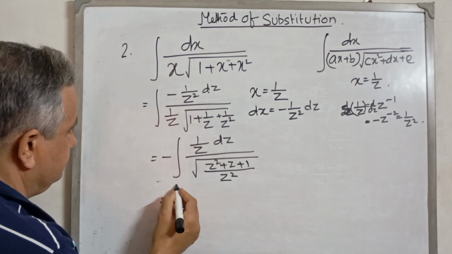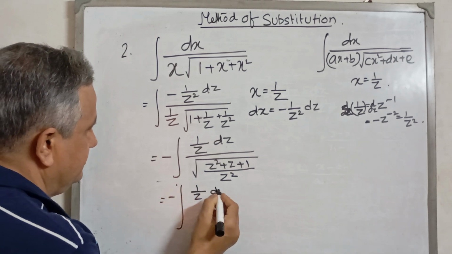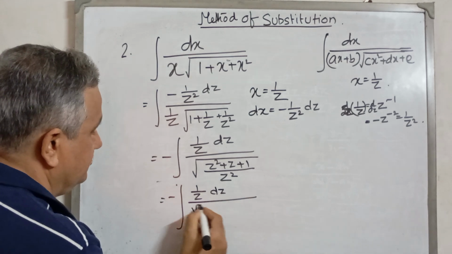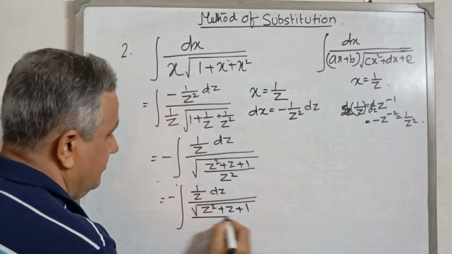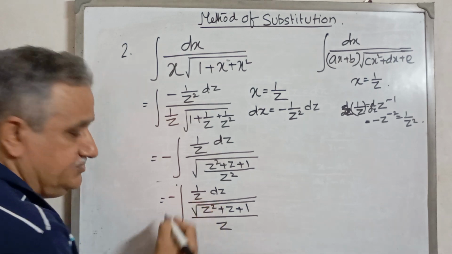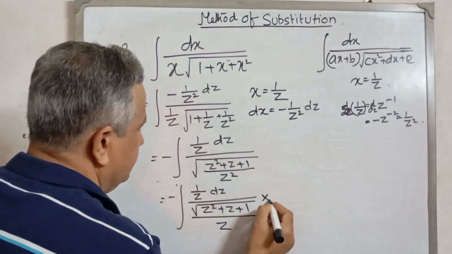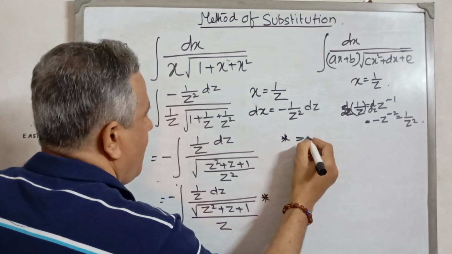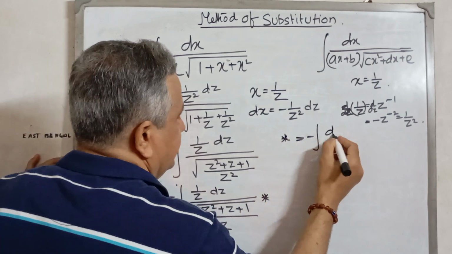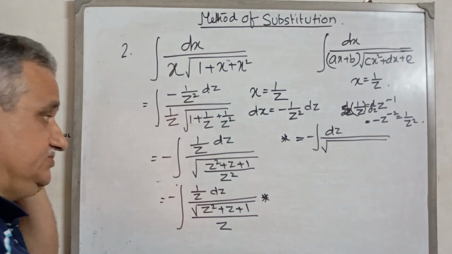Now 1 by z dz becomes root over (z square plus z plus 1) by z. This z cancelled. We get dz by just root over z square plus z plus 1.